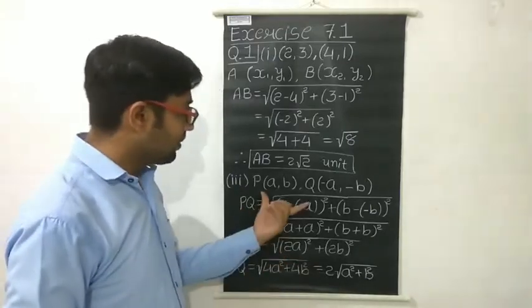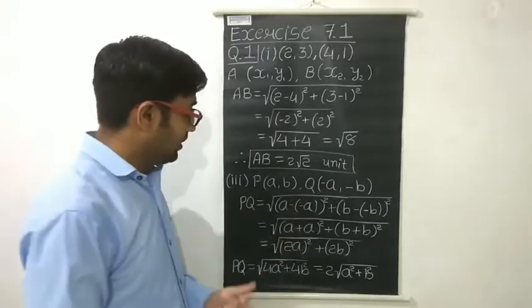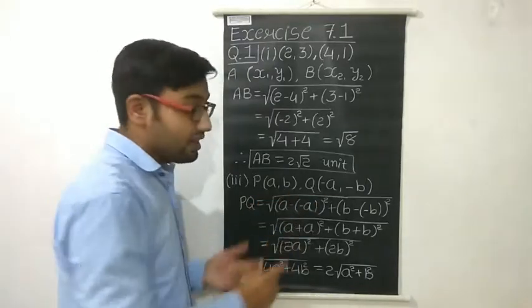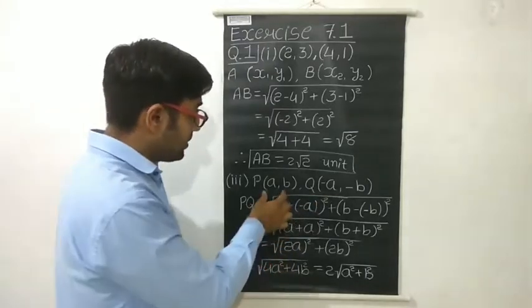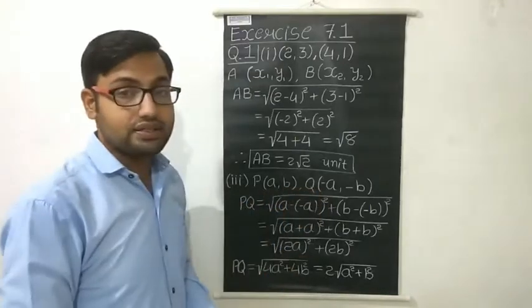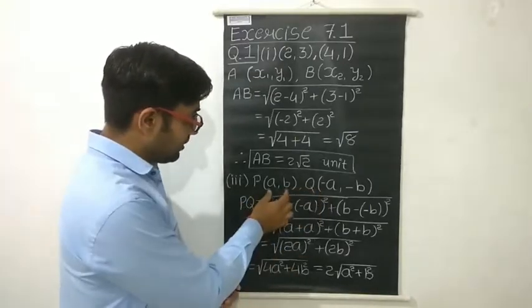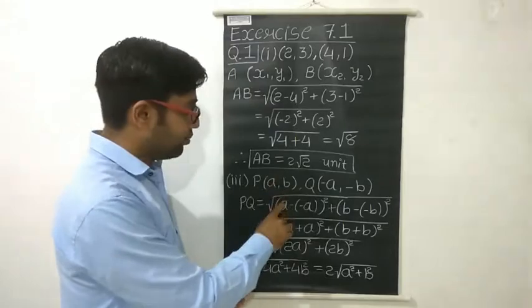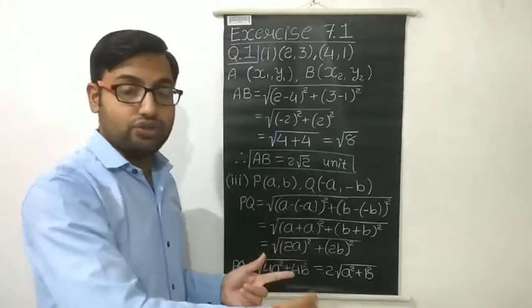Now this is also one type of special case. You can notice that here the coordinates are the same, but the sign is minus. So let us take it, if it is 1, 2 and it is minus 1, minus 2.